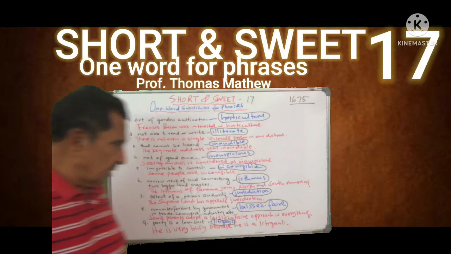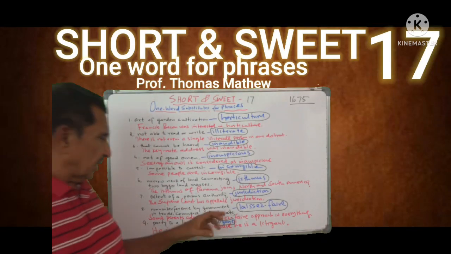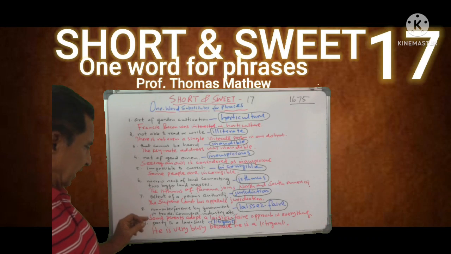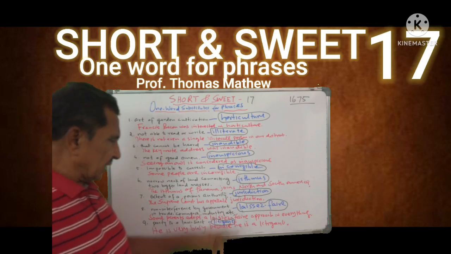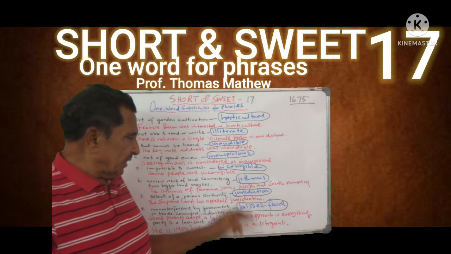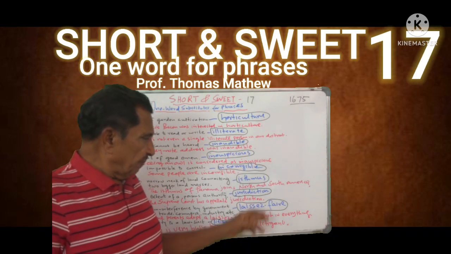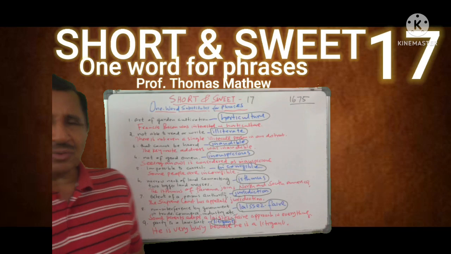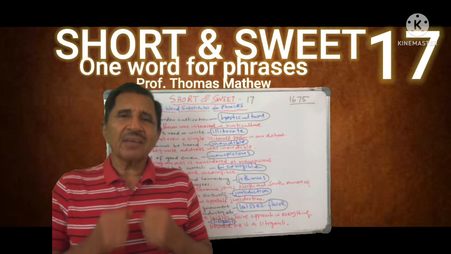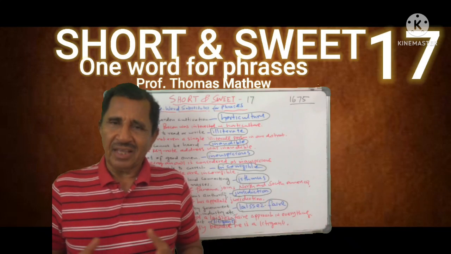And the eighth one is, see the spelling, you have got non-interference by government in trade, commerce, industry, etc. And the spelling is LAISSEZ-FIRE. It is pronounced laissez-faire. Laissez-faire means giving absolute freedom, that's the meaning.